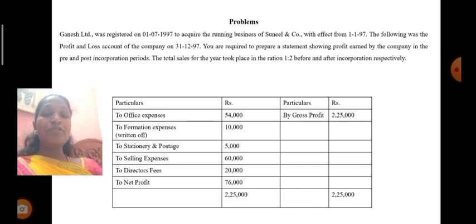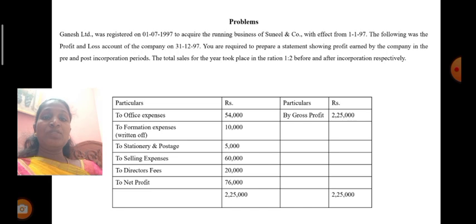Before that it was a normal running business. So 1-1-97 to 30-6-1997 is taken as the pre-incorporation period. The balance, 1-7-97 to the year ending date, 31st December 1997, is the post-incorporation period.